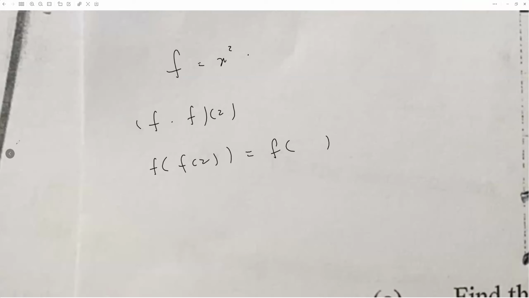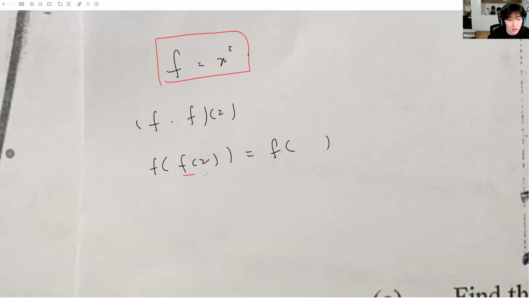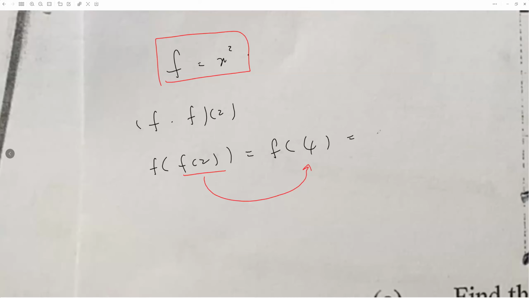What's the equation? Oh, f equals x squared. Oh, 4. And then you do it again. What is f of 4? 16.